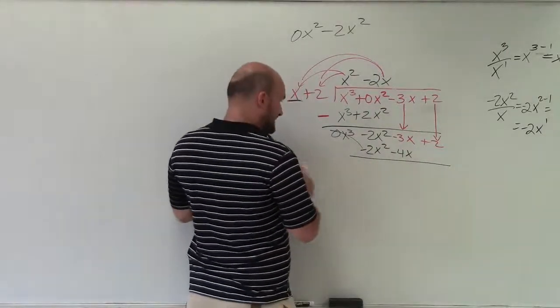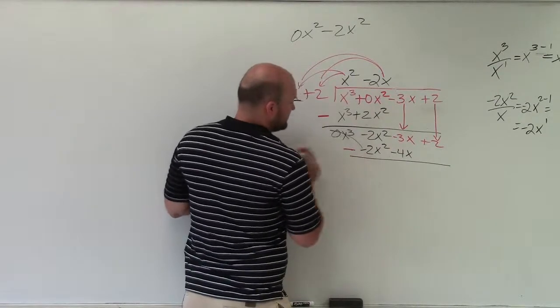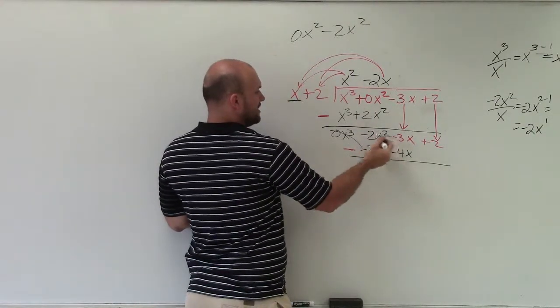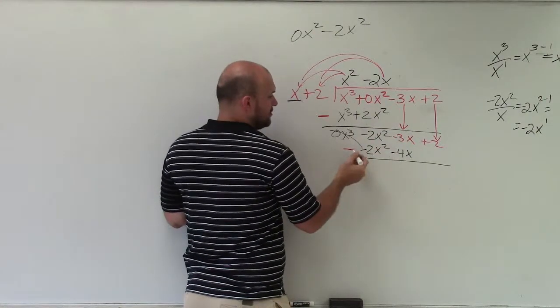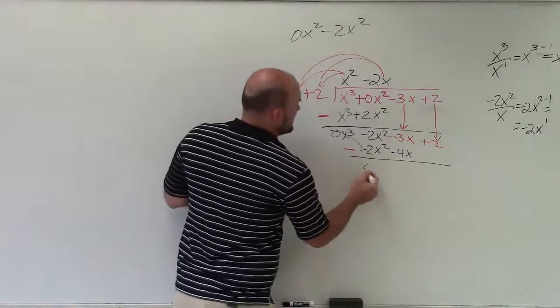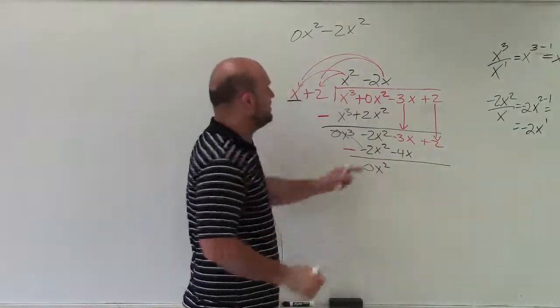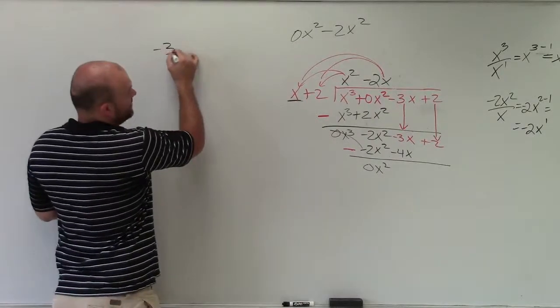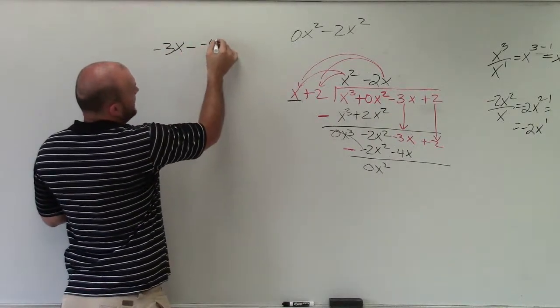So now, again, let's do our work here. Again, say it out loud. Negative 2x squared minus a negative 2x squared. Well, remember, minus a negative is pretty much the same thing as adding, which would make this a 0x squared. Then negative 3x minus a negative 4x.